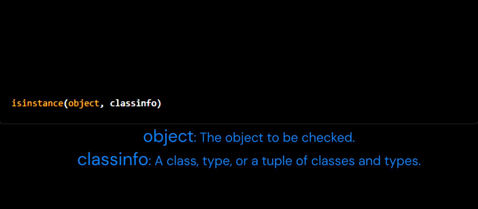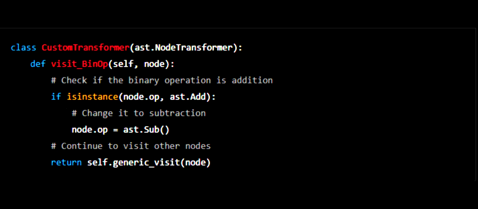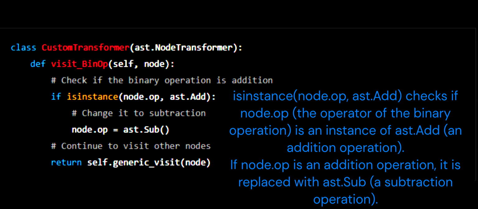Classinfo: a class, type, or a tuple of classes and types. isinstance(node.op, ast.Add) checks if node.op, the operator of the binary operation, is an instance of ast.Add, an addition operation. If node.op is an addition operation, it is replaced with ast.Sub, a subtraction operation.